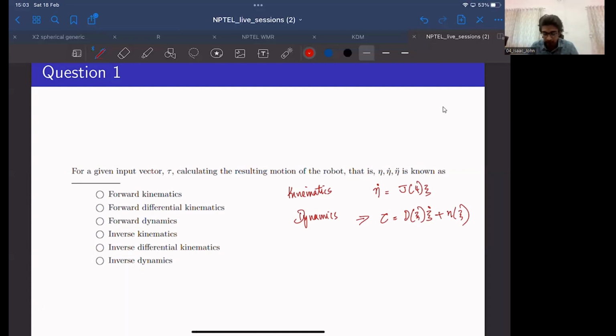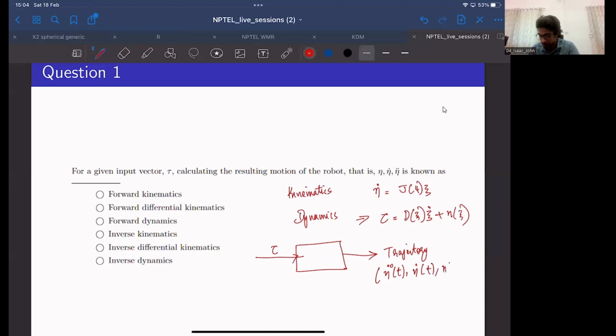So in case of the question, clearly a torque vector is involved. So it's definitely a case of dynamics. So we need to see whether it is a forward dynamics or inverse dynamics problem. I hope this is a straightforward question. If you have a robotic system, you are supplying the torque vector and you are finding the trajectory of the robot, the trajectory would be defined in terms of its acceleration, velocities, and positions.